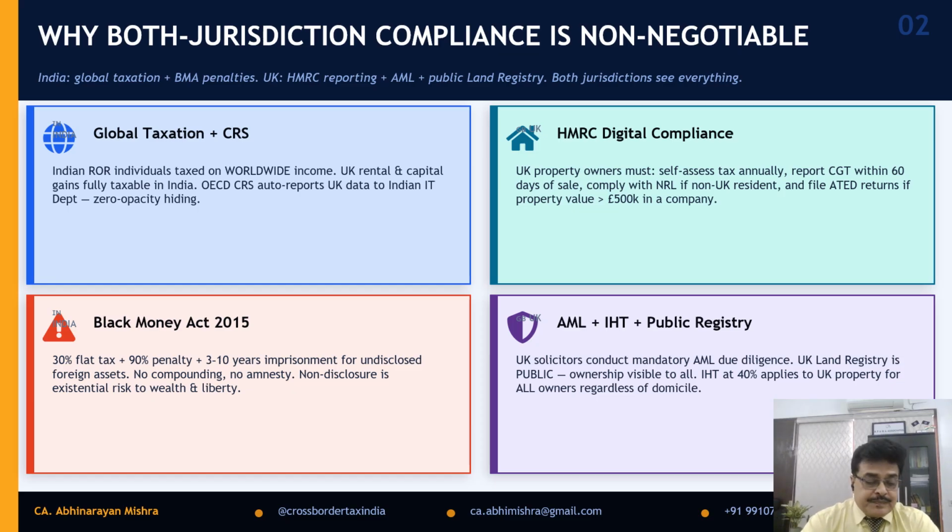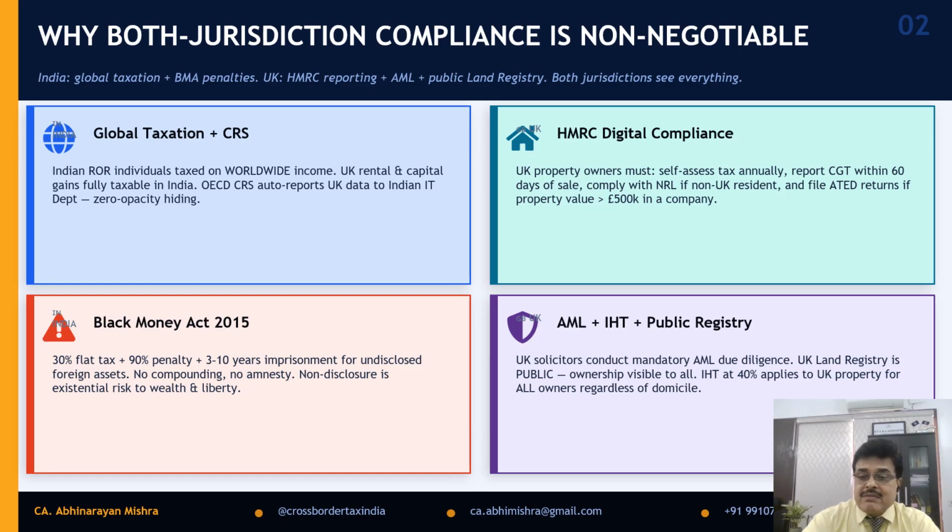Once you have purchased the property and are willing to give it on rent, register with HMRC as a non-resident landlord using form NRL1 to receive gross rents. Otherwise, your letting agent will withhold 20% of your income at source.